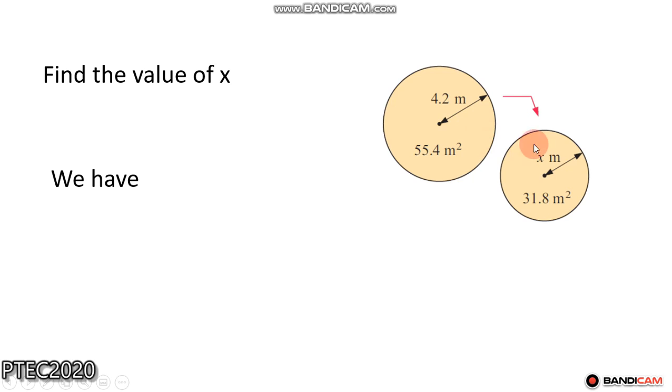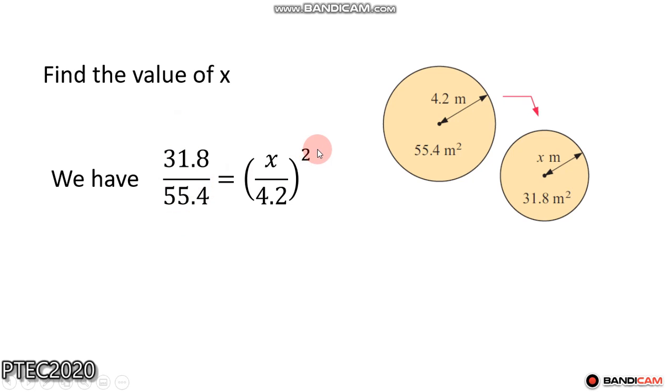Actually, we can find it without knowing the big radius, but however, I would like you to find it by using the two similar figures here. As you may know, when two figures are similar, the ratio of the areas is equal to the square of the ratio of the corresponding sides. So the area of the image one is 31.8 meters squared, and the area of the big one is 55.4.